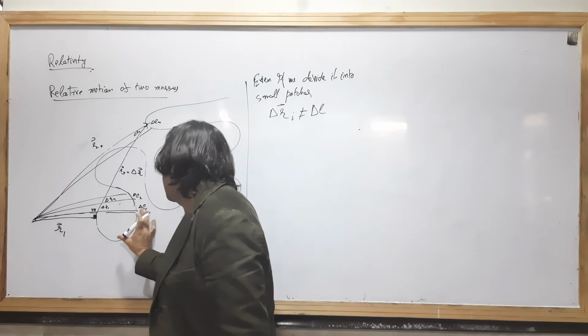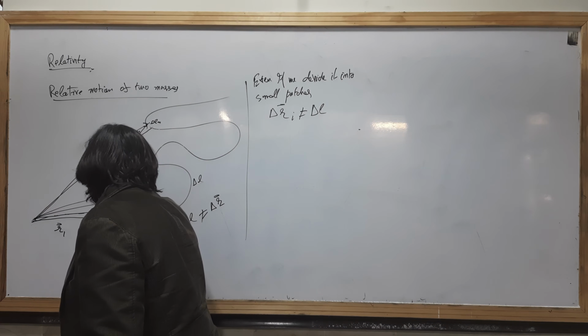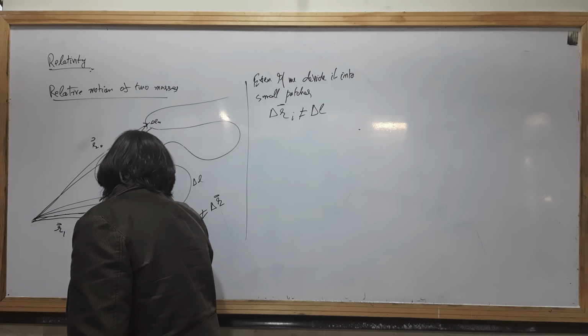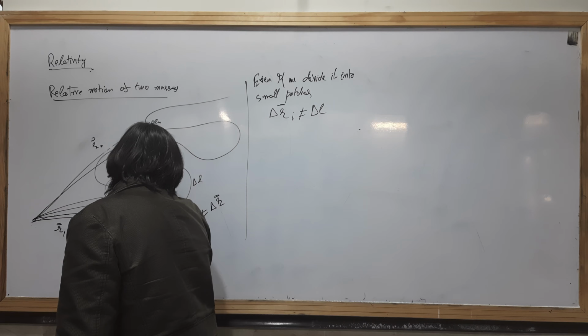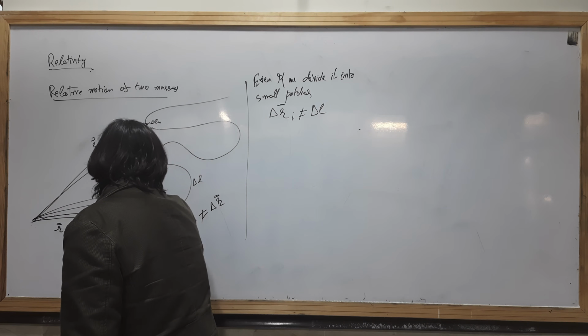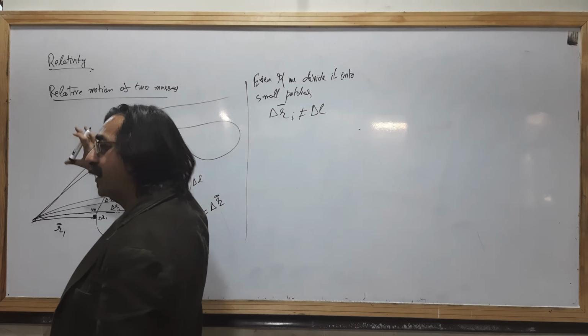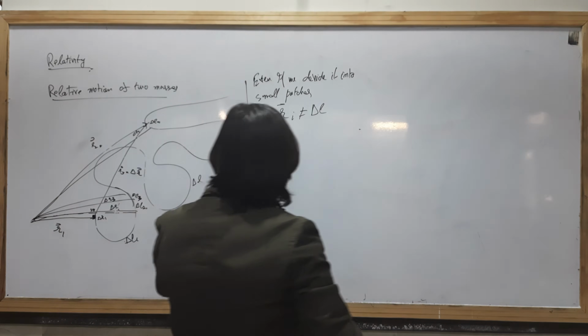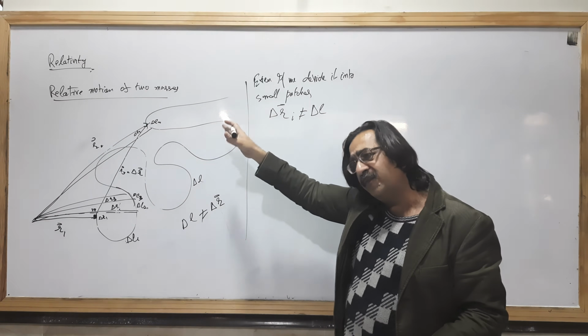This is delta R1 and this is delta L1, this is delta R2, delta L2, and this is delta R3, delta L3. So that has a difference. Delta Ri will not be equal to delta Li, and different lengths will also be different.